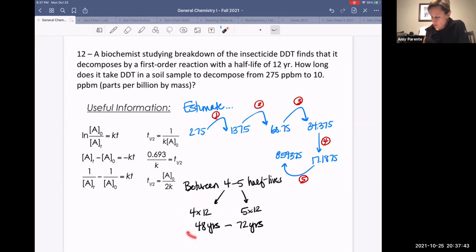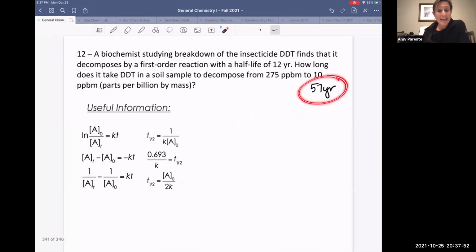A half-life is 12 years, so that's 48 years. 5 half-lives is going to be 72 years. So I'm ballparking that I should have an answer between 48 and 72. The answer is 57. So our estimating worked.